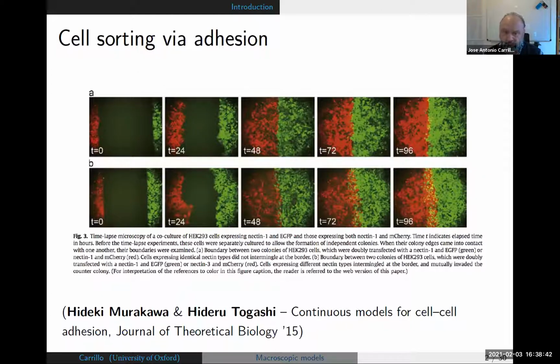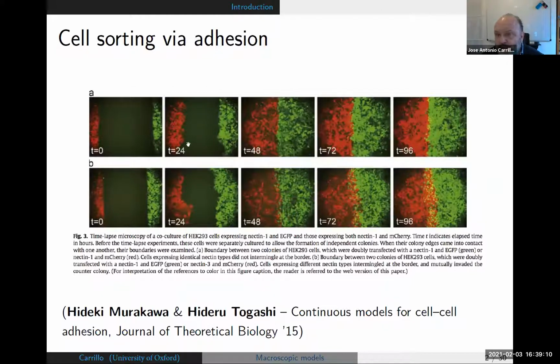A collaborator of mine now, Hideki Murakawa, showed me these experiments that he was trying to model with a biologist, Hideru Togashi, in Japan. And here what you see is a cell colony that has been grown in the lab.